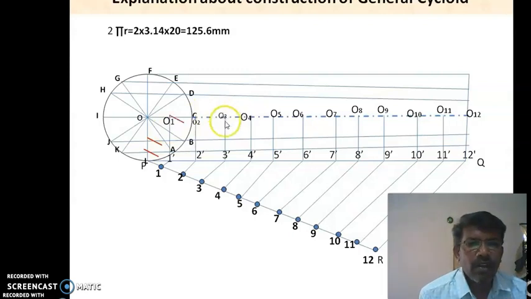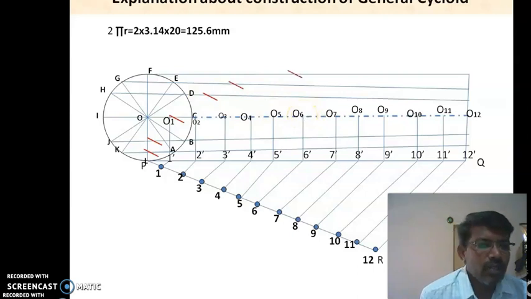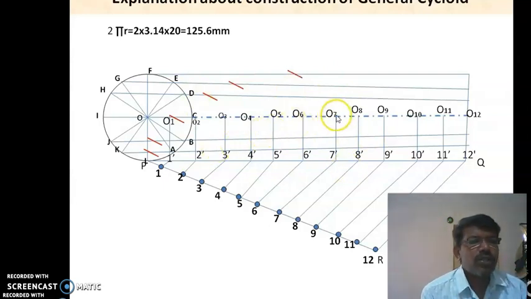Then O4 as a center, make an arc on the line D. O5 as a center, make an arc on the G line. O6 as a center, you will go to the top, that is F line. And O7 as a center, go on with procedures like this: O8, O9, O10, O11 and O12.